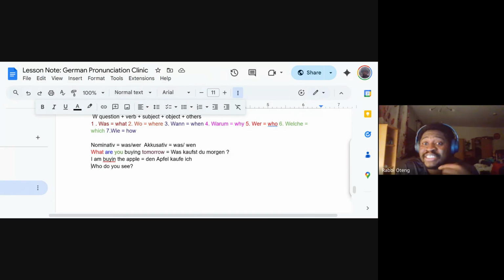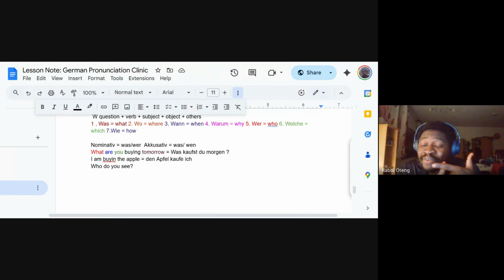Why don't we just keep the "who" as it is, assuming it's feminine? But it's assumed that "who," someone, no one, everyone are all accusative. So everyone is what?